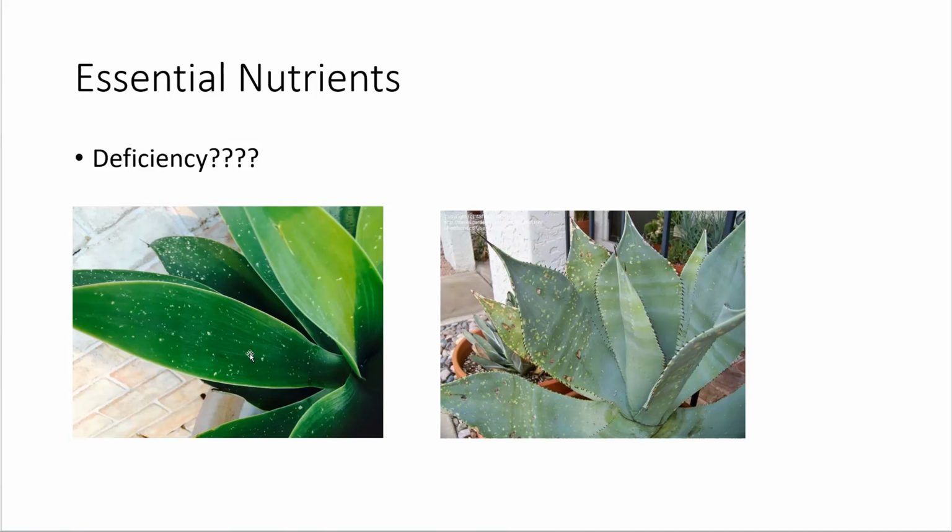Or it could be either frost damage or hail damage. Okay, so be careful when you're looking at plants and you're just automatically labeling it as, oh, this is an iron deficiency or a manganese deficiency or whatever it could be, right? Because it could be an abiotic plant disorder that's not associated with nutrient deficiencies, okay?